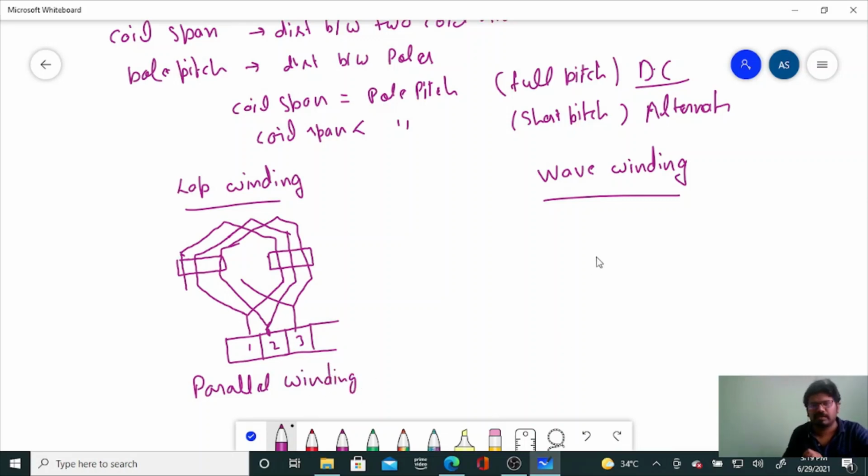And wave winding is this type, going from one pole to the next.